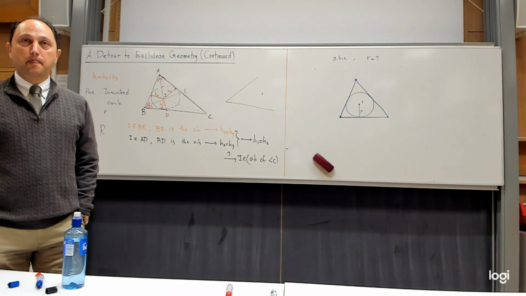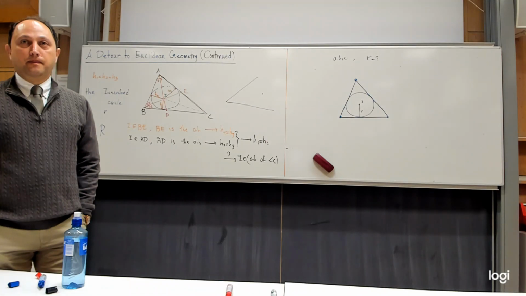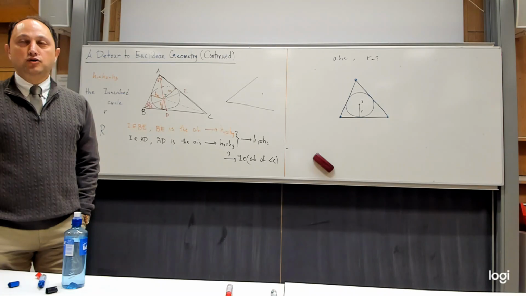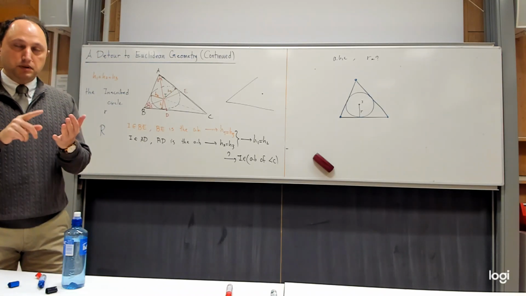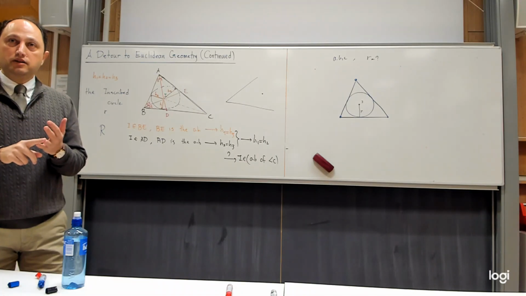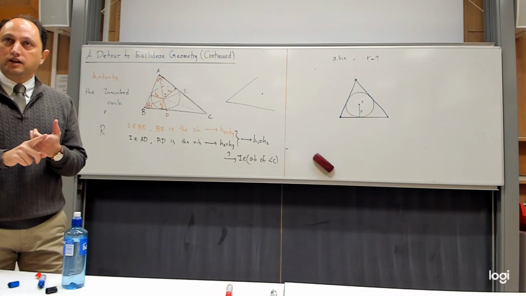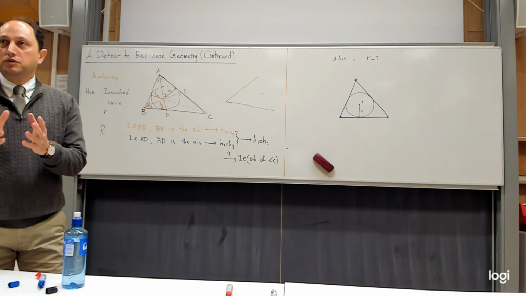Any clues? Do you remember what we calculated yesterday? We were able to calculate medians, angle bisectors, heights, and the surface area. We were able to calculate all of them using a, b, c. So let me give you a guide.